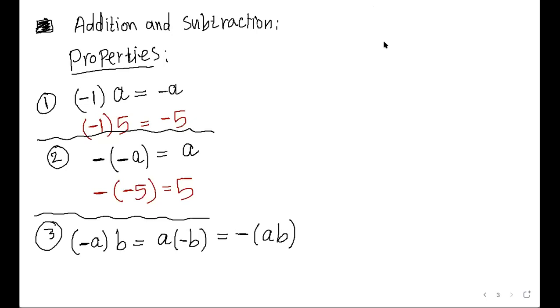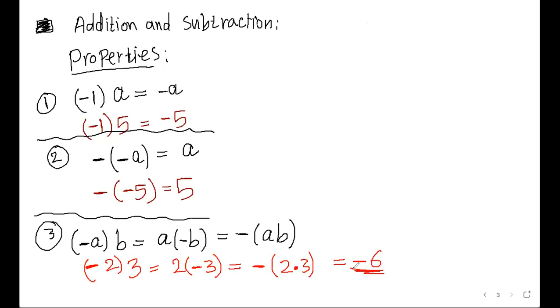I give you an example. Suppose I have -2 times 3, which is equal to 2 times -3, and this is equal to -(2 times 3). All of them are equal to -6. This shows it's a true property.